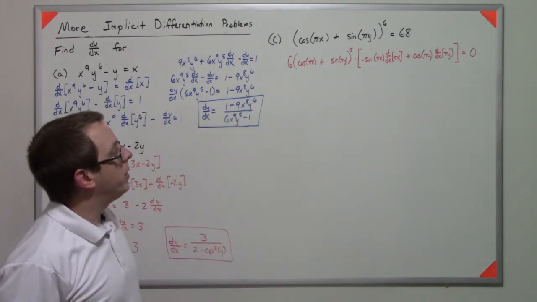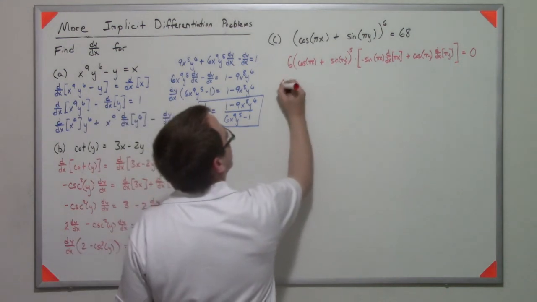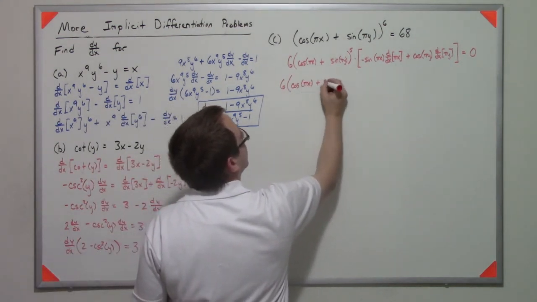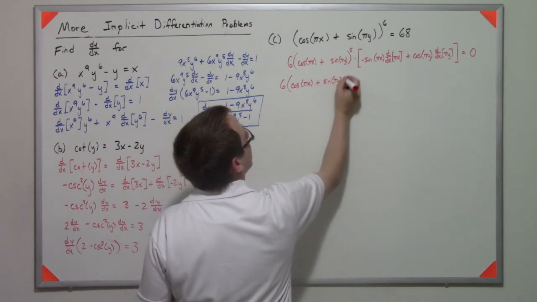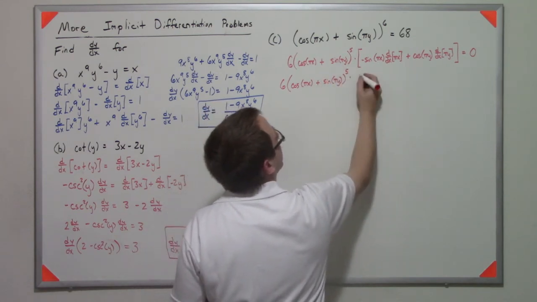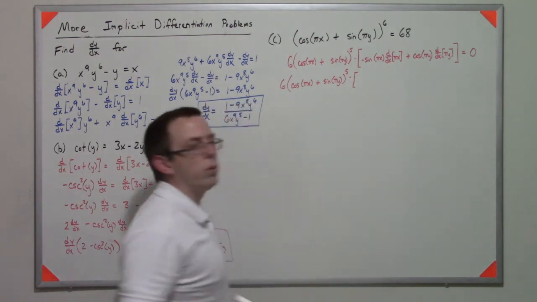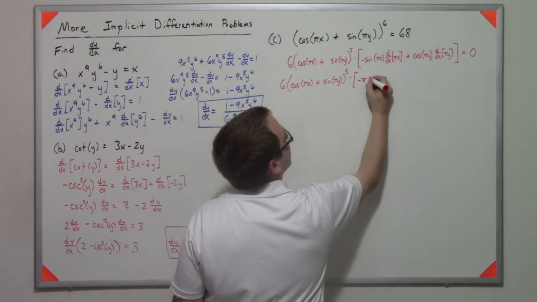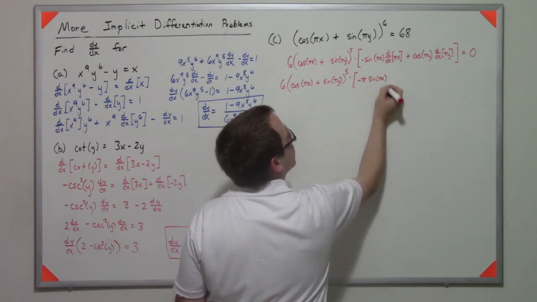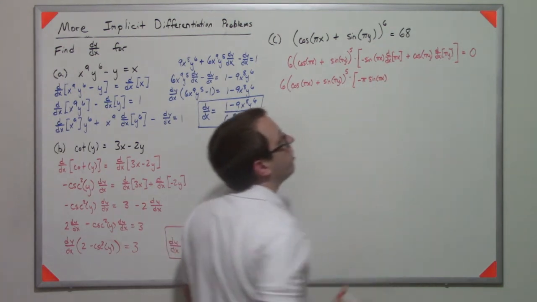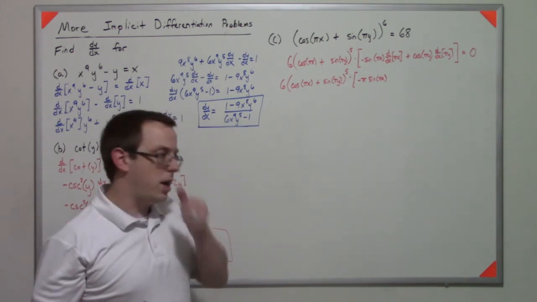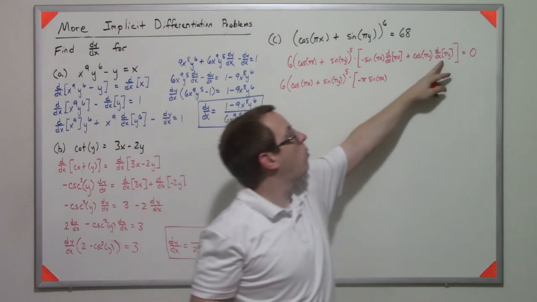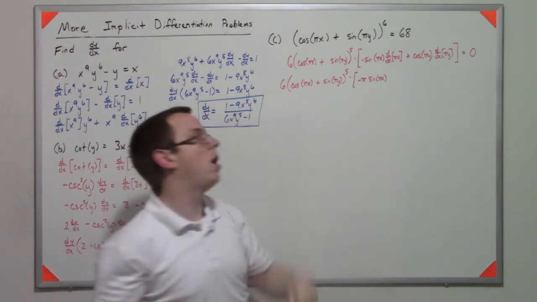So now we've done this, we have 6 times cosine pi x plus sine pi y to the 5th times, well, that derivative of pi x is just pi, so that's negative pi sine pi x, and then the derivative of pi y, again, if it was pi x, it would just be pi, but it's pi y, so it's going to be pi dy dx.